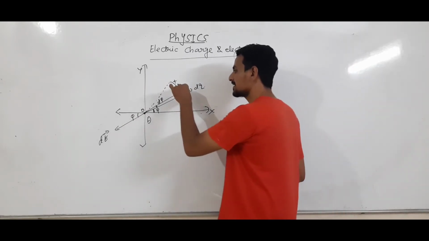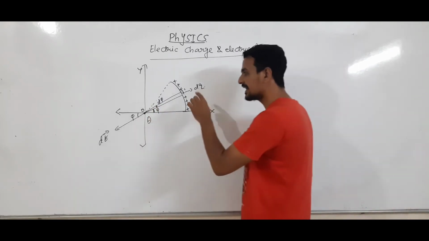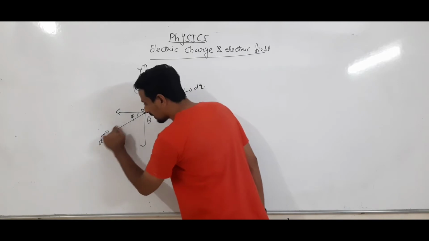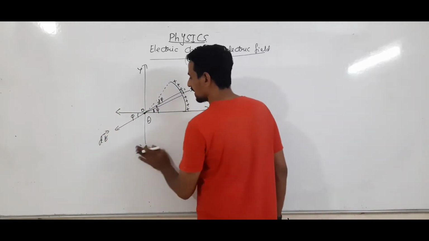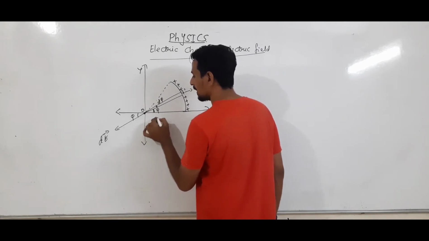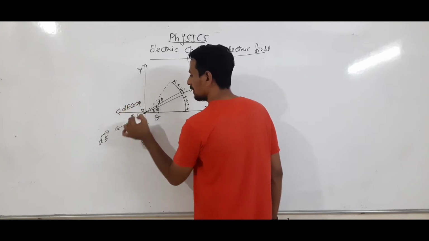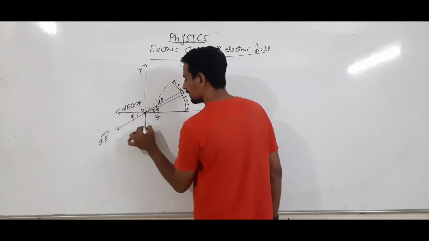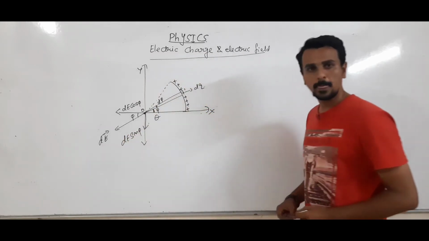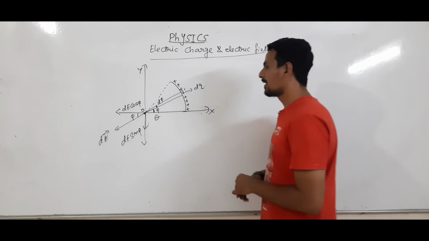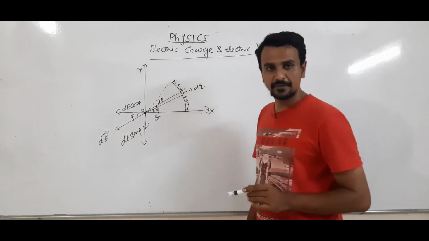I have considered a charge dq which subtends an angle d phi, and the electric field due to it is along this direction. Now there are two components of this electric field: dE cos phi and dE sin phi. This is the x component and this is the y component of the electric field.